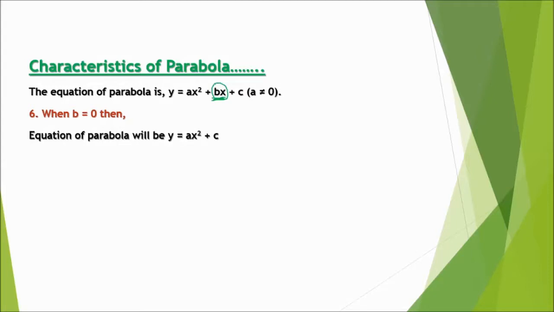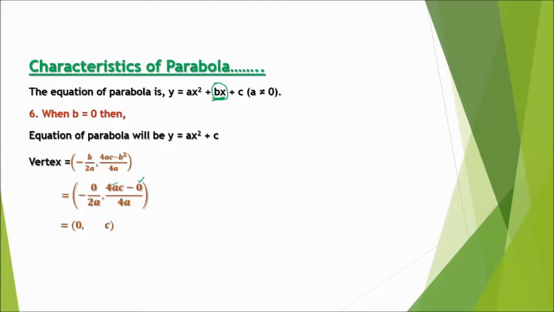Now let's see what the vertex will be. We have to substitute the value of b as 0. So b is 0, 0 squared is 0. So the x component will be 0 and the y component will be c.